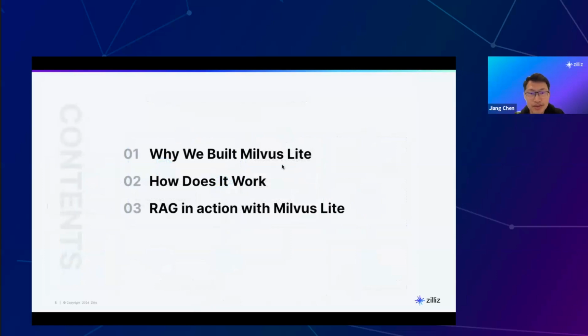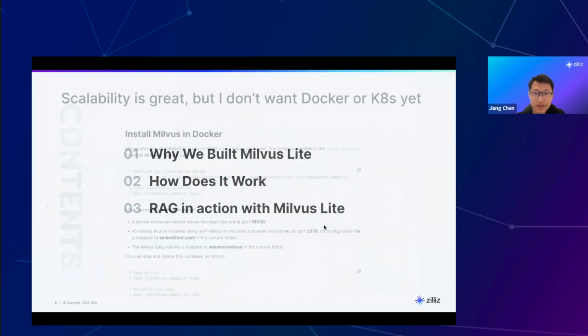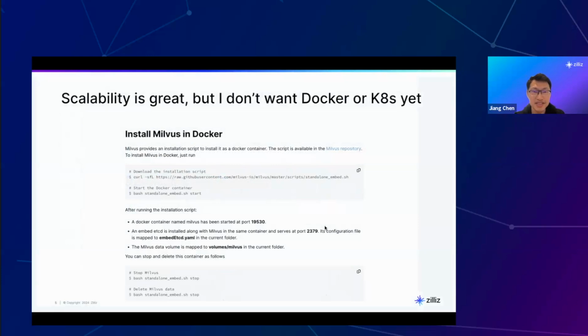So with this background, why do we build Milvus Lite? Because Milvus is doing great in this domain. Despite Milvus being loved by many developers, we noticed it's not that easy to get started with. For example, right now, the easiest way to use Milvus is through a Docker deployment.